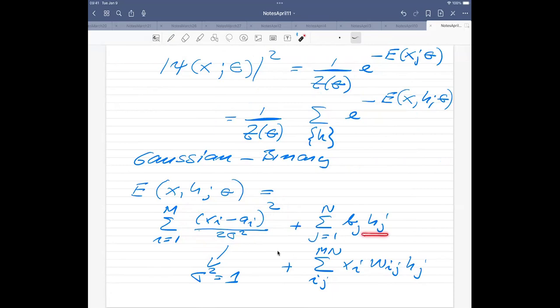This term here will depend on whether h is 0 or 1, and this term here will also depend on whether h is 0 or 1. So this is actually a sum where I have h_1 equal 0, 1, a sum over h_2 equals 0 and 1, and it goes all the way up to the final h_n equal 0 and 1.